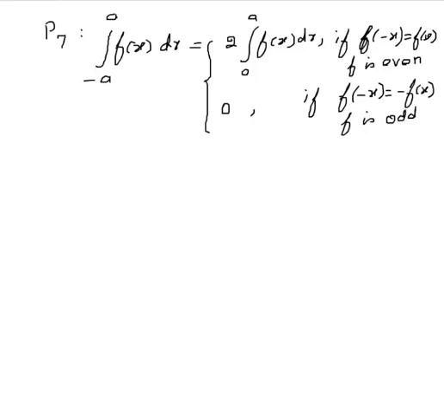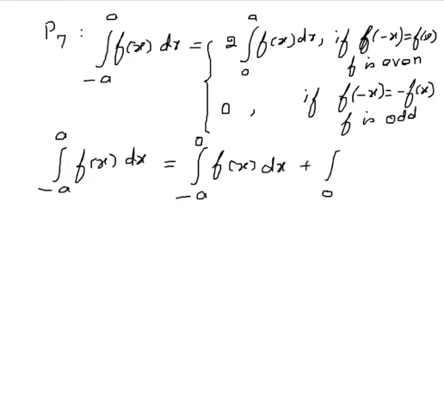Now I will use P2 property, that is splitting the interval. The given interval is minus a to a. I will split this interval at 0, the mid value, minus a to 0 f of x dx and plus 0 to a f of x dx.